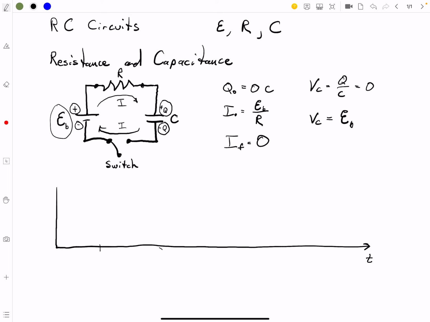Here's 1, 2, 3, 4, and let's do 5 for good measure. Now here's the hard part.